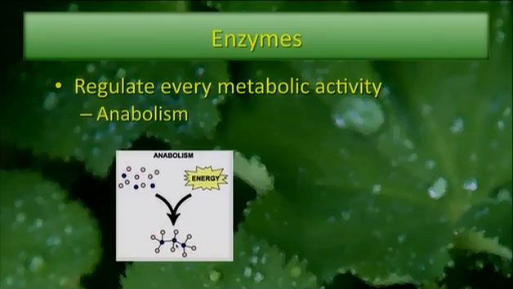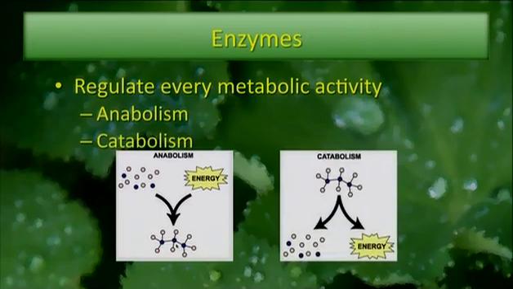That's anabolism. Catabolism is the inverse of that, where you get a larger molecule, and the bonds between these units making up this larger molecule are released as energy, and then the subunits are made into smaller pieces. That's catabolism.